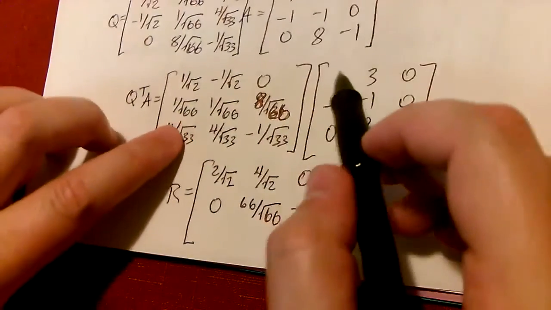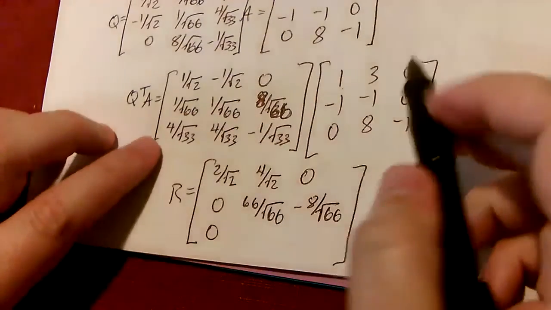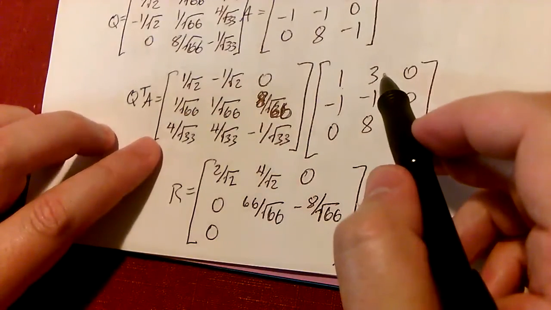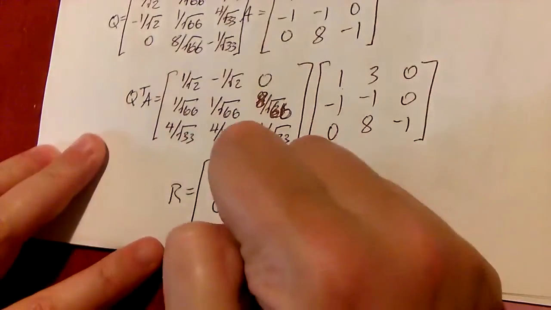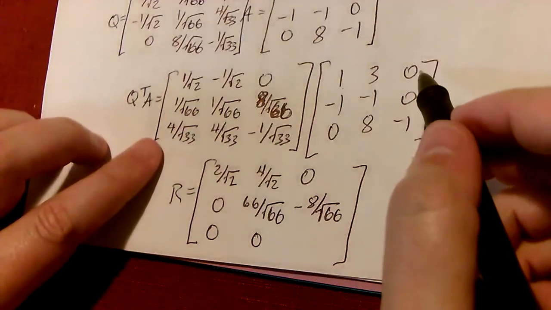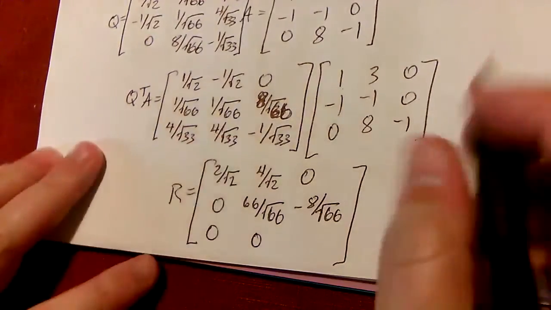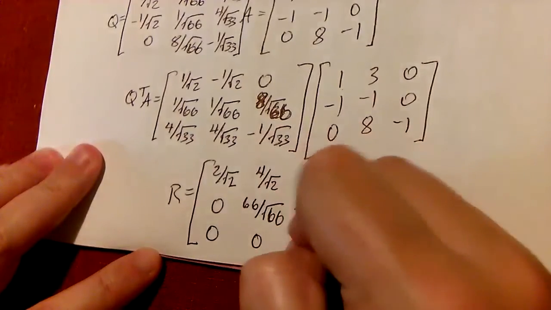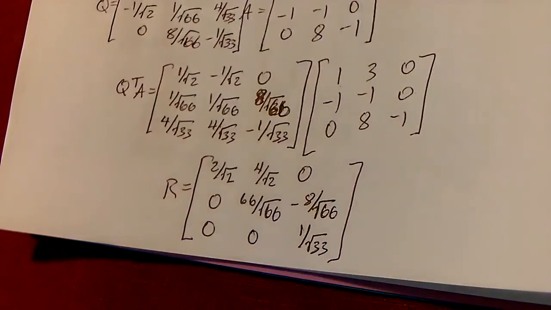So third row, first column: 4 minus 4 and 0. Third row, second column: 12 minus 4 minus 8, that's still 0. And then the third row, third column: 0, 0, and then 1 times a negative 1. Negative 1 times negative 1 will be a positive 1 over the square root of 33. And so there is my matrix R.